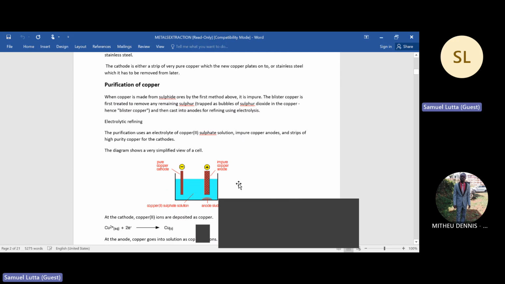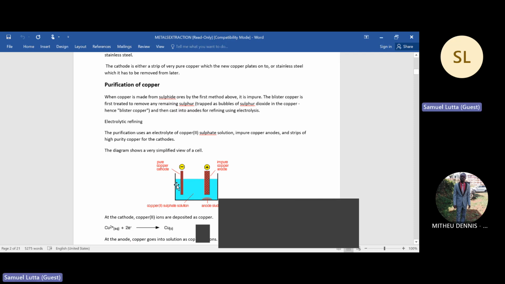In the electrolysis, you take copper sulfate solution, which you have formed by dissolving copper in sulfuric acid, and then you put it in 2 electrodes. The impure copper which you have extracted will form the anode, and the pure copper will form the cathode.